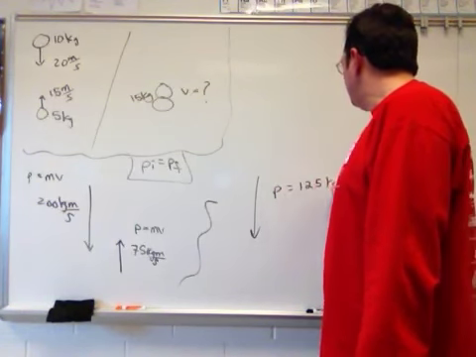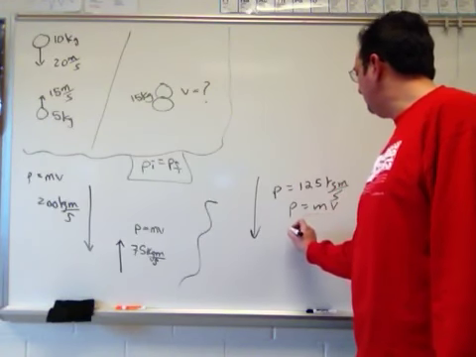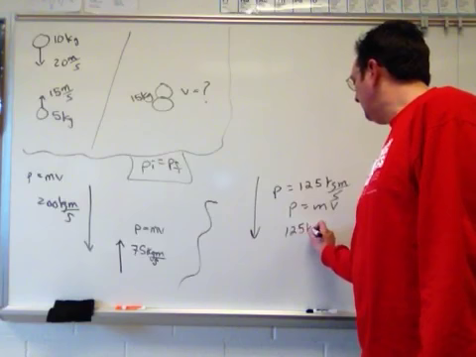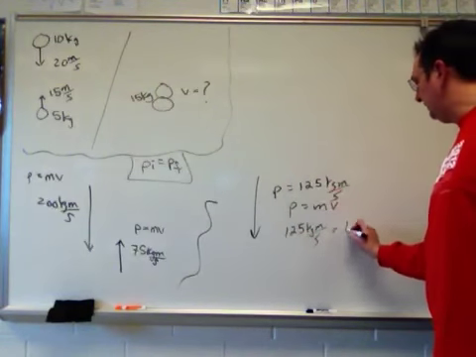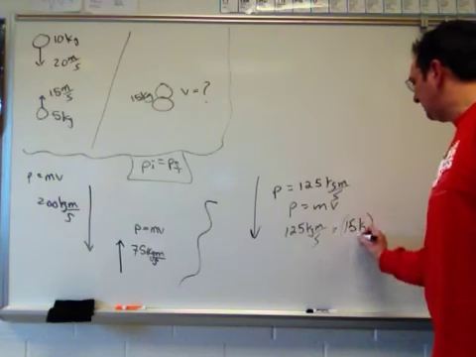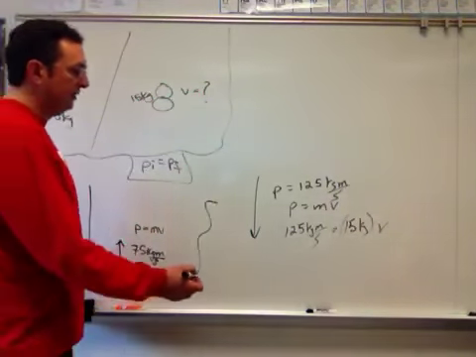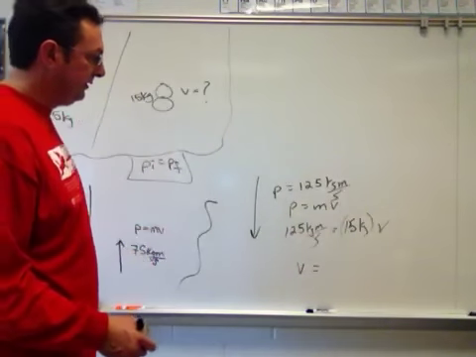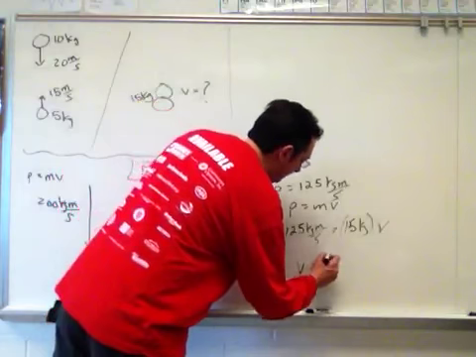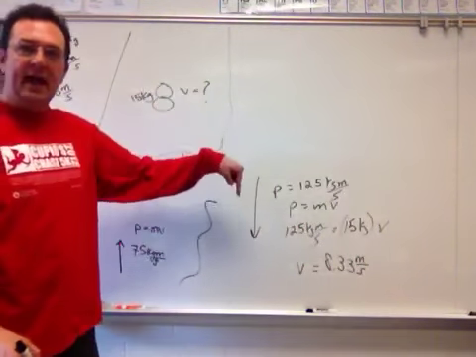It's nice and big. And then I know that P equals mv, so 125 kilogram meters per second is equal to 15 kilograms for the final object multiplied by its velocity. And you get 125 over 15, which is 8.33 meters per second, and it's in that direction.